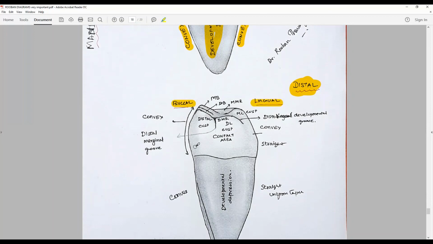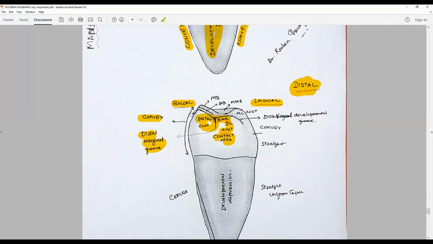The buccal outline is uniformly convex. We have a distal marginal groove that runs over the distal marginal ridge. The prominent distal cusp and distolingual cusp are seen. Just below the distal marginal groove, we find a broad contact area.